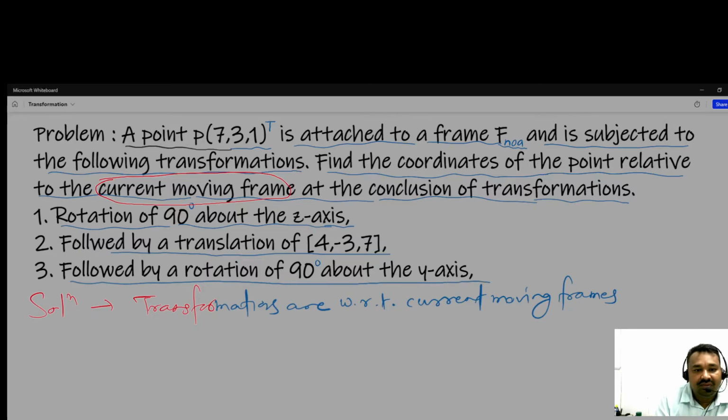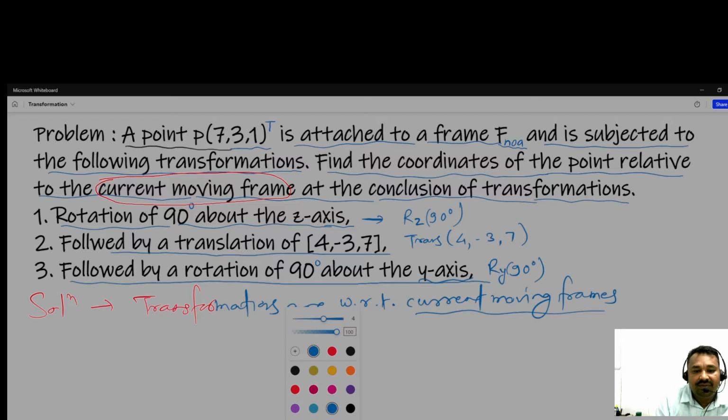The first one we denote by Rz 90 degrees, the second one Trans, and we write coordinates 4, minus 3, 7, then the third one again rotation about the y-axis, and the rotation is 90 degrees. The sequence of transformations is 1, 2, 3, and the transformations are with respect to the current moving frame.